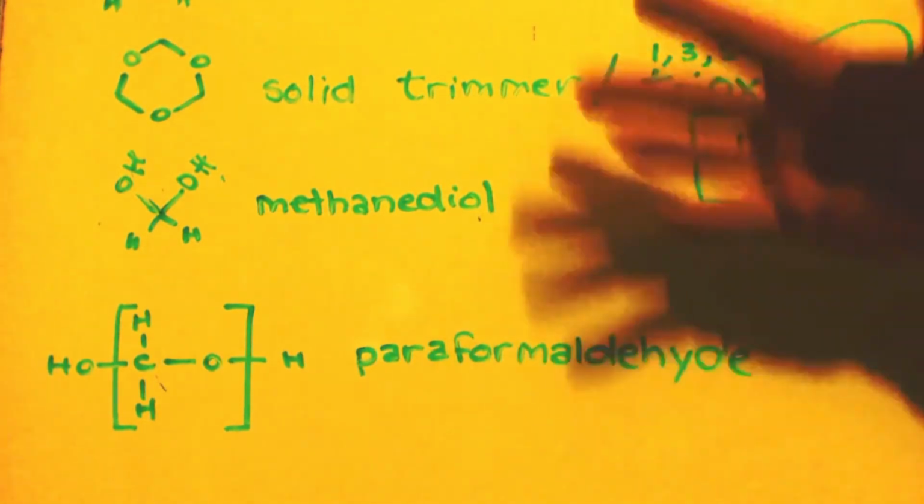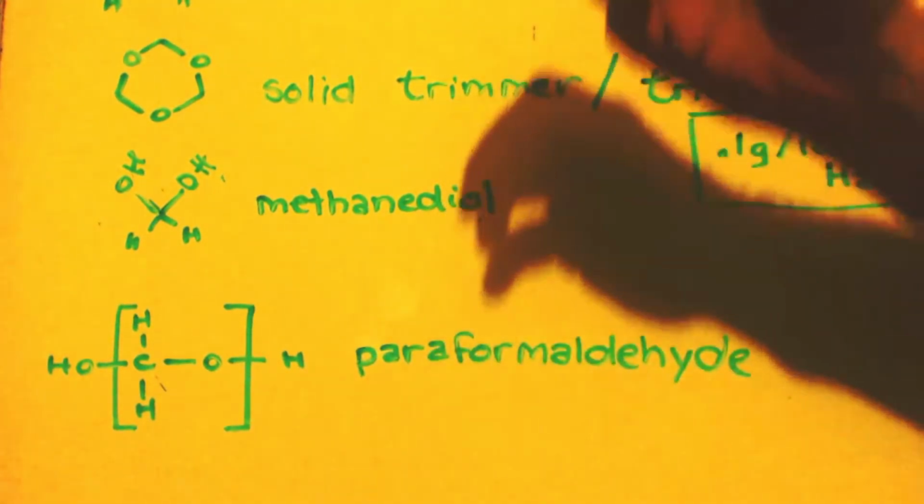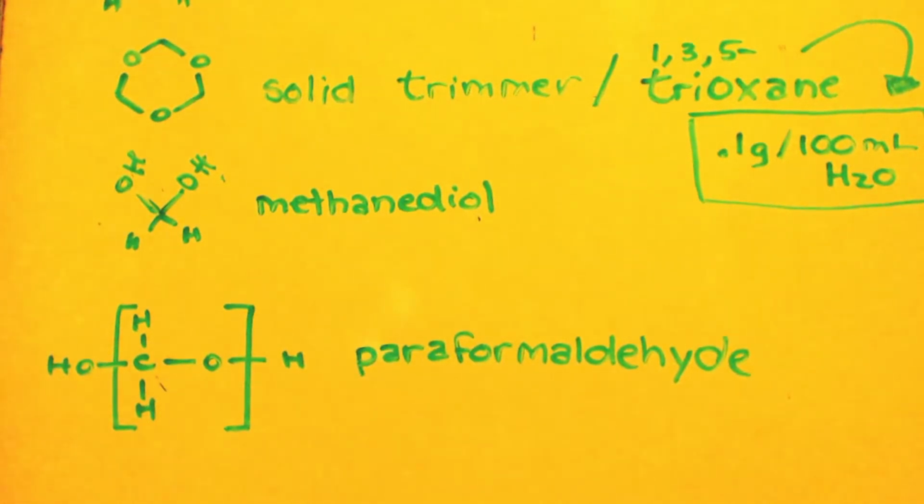Although maybe you can distill it out and have a condenser in the way so that the condenser condenses the water back down into the pot, but the formaldehyde can go past the condenser because it's a gas. And then send that gas through a drying tube, where you have maybe calcium chloride or something like that, so it dries it out even more, and you'd have the anhydrous gas.